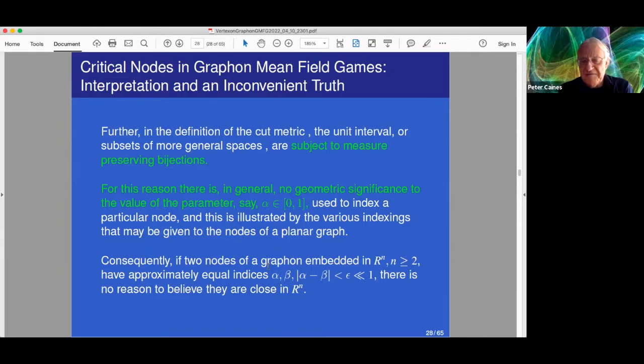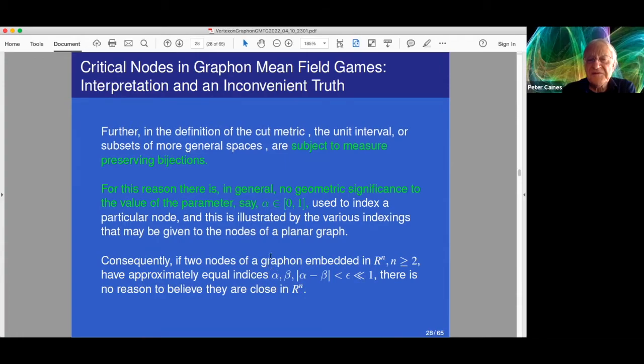In fact, a complete version of the notion of a graphon is an equivalence class of objects subject to measure preserving bijections. That's the limit notion of the fact that when we started with our description of adjacency matrices, we could just as well have permuted the indices and we would have got an equally valid object.